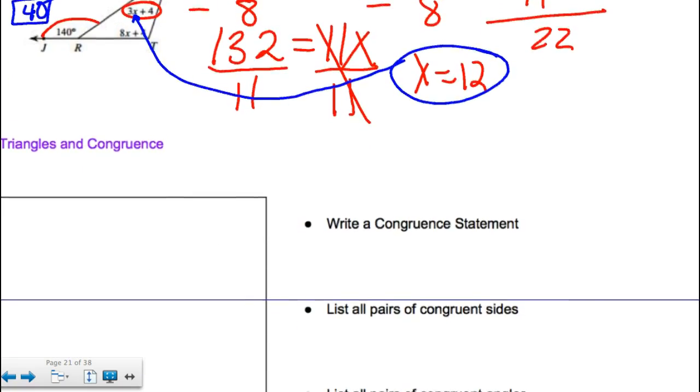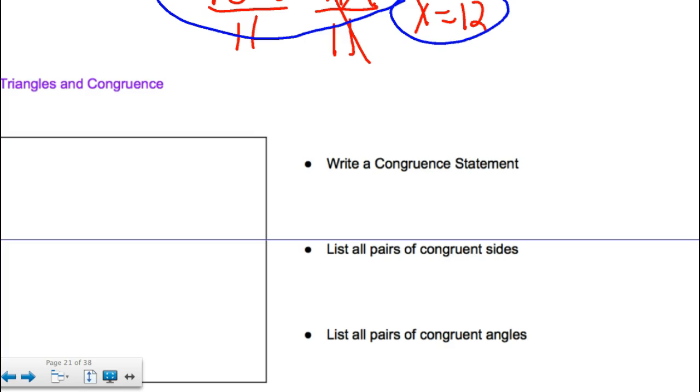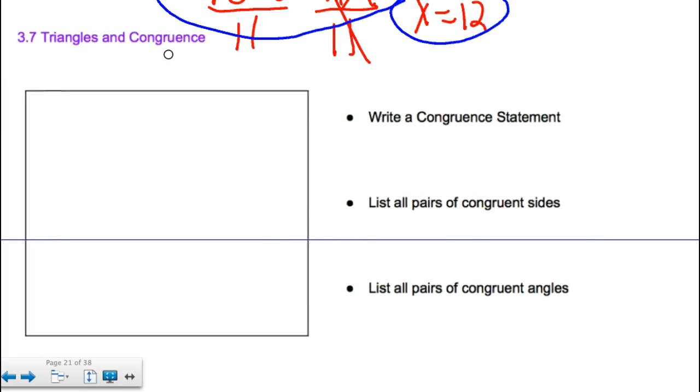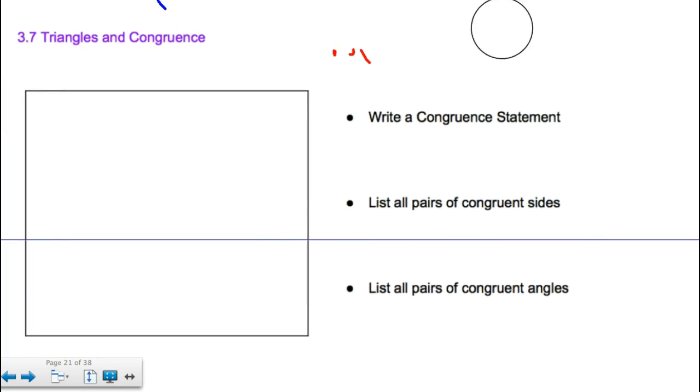So next topic up is triangle congruence. So I'm going to put that up there, erase some of this. And I'm going to put 2 triangles up here, and we're going to talk about a little bit of vocabulary and notation. So I'm going to put a triangle up here.